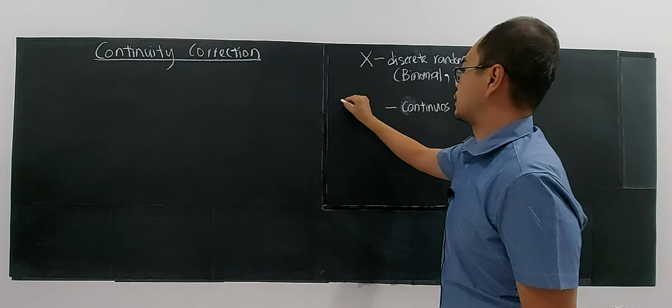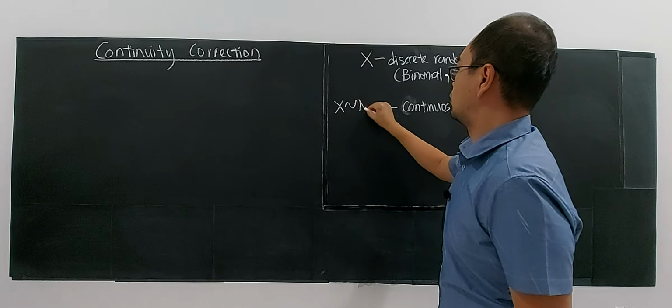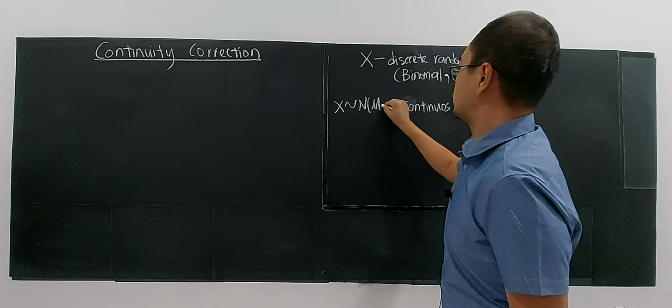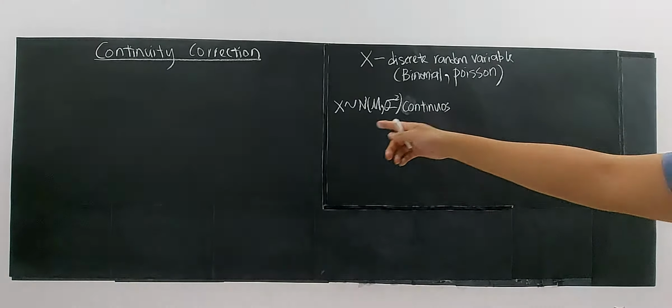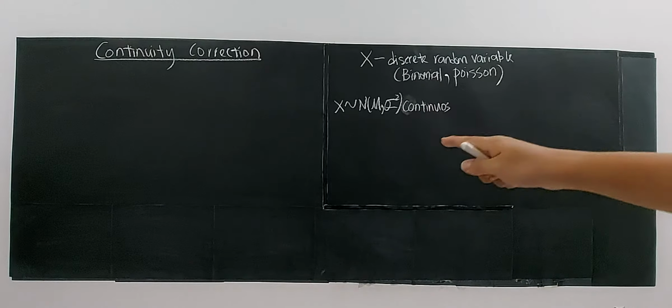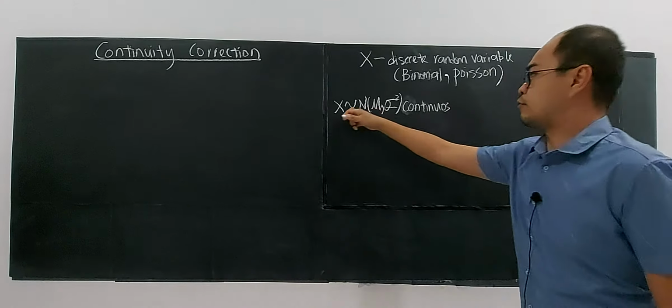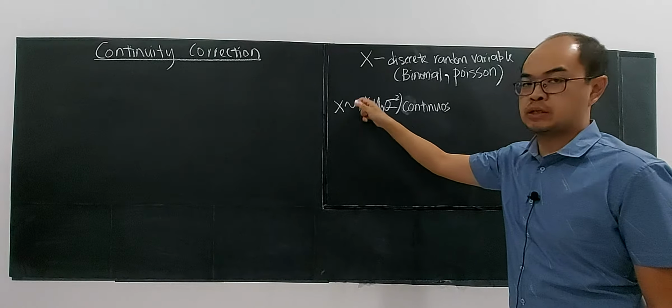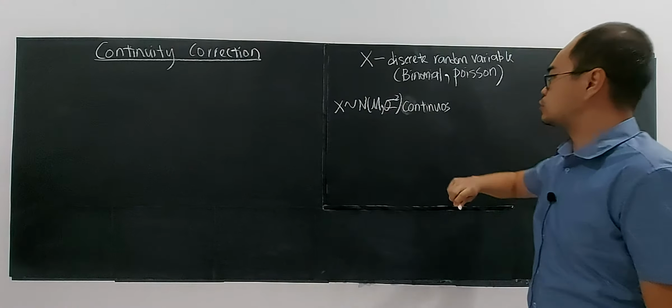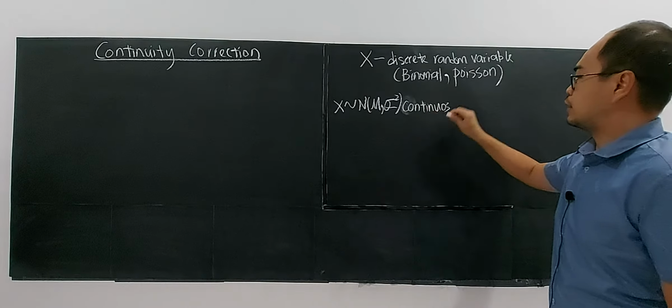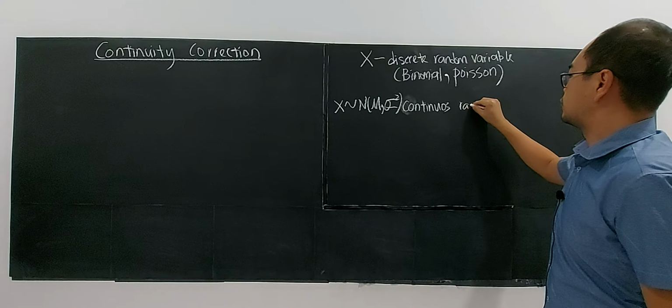For example, X will be normally distributed, which is defined by a mean and variance. If X is normally distributed, it means it's a normal distribution with mean and variance squared. So this means it's a continuous random variable.